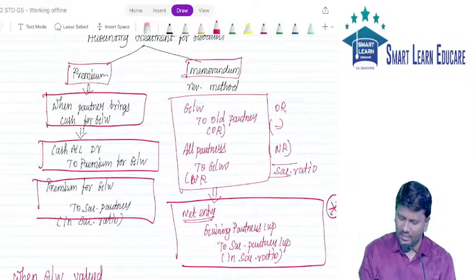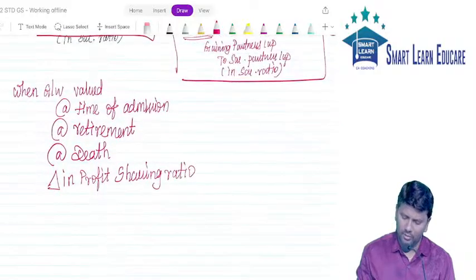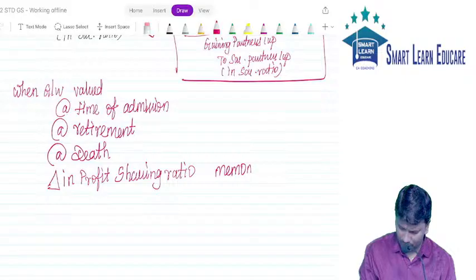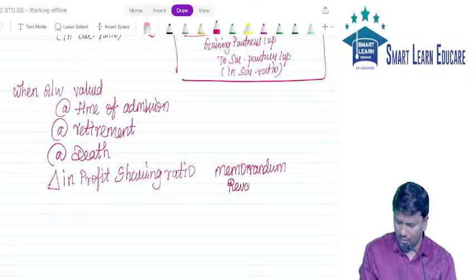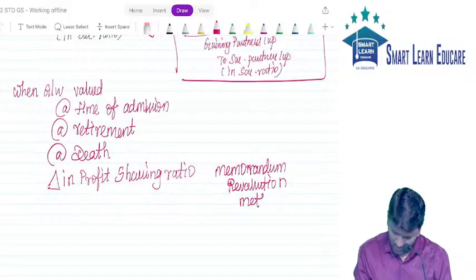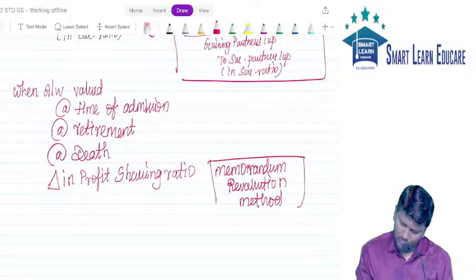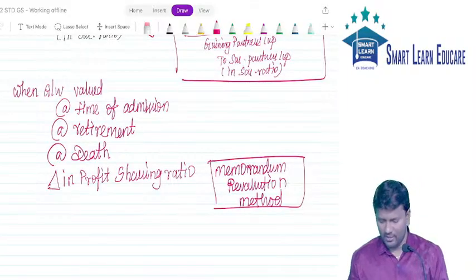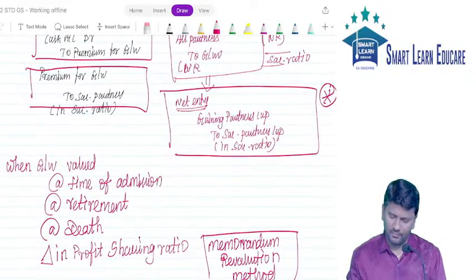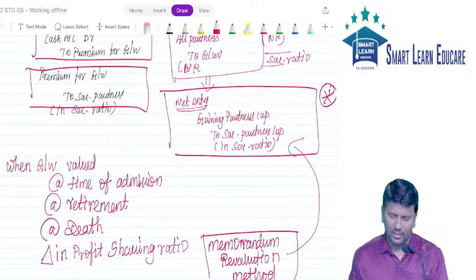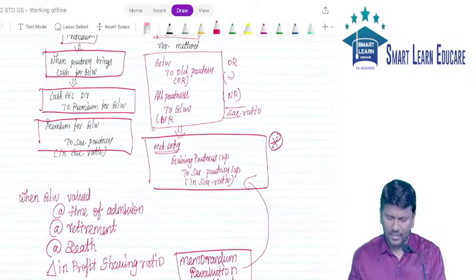So always we will follow the memorandum revaluation method. When there is a change in profit sharing ratio, we will follow the memorandum revaluation method. Under the memorandum revaluation method, what is the net entry we will be passing? Gaining partner's capital account debit to sacrificing partner.